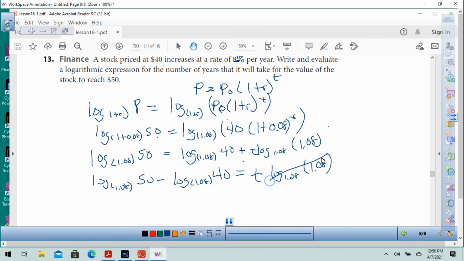Now, that's going to cancel out and become 1, right? So now I have log 1.08, that's going to give me 50 over 40 equals t, which is going to be approximately, when you put it in the calculator, approximately 2.9 years. It will take 2.9 years for that $40 to become $50.